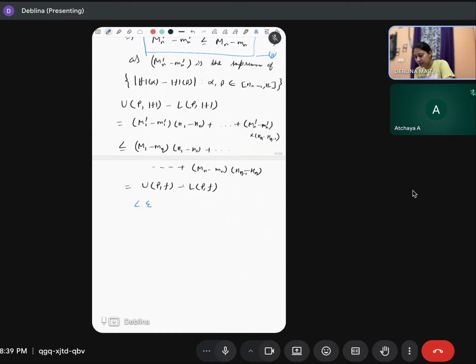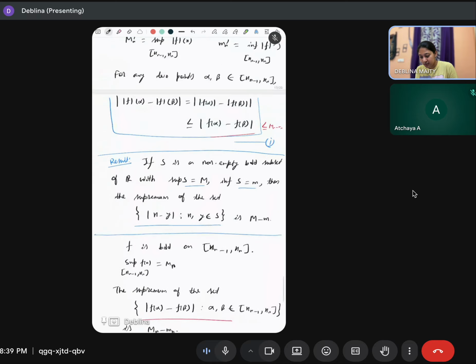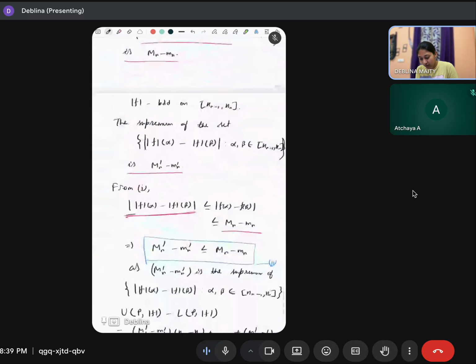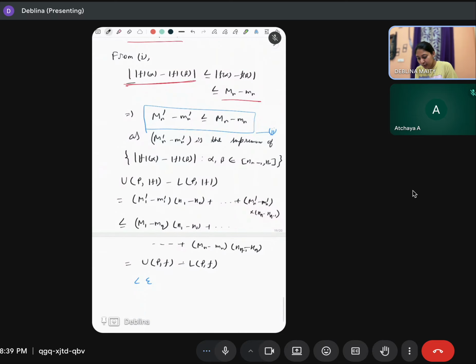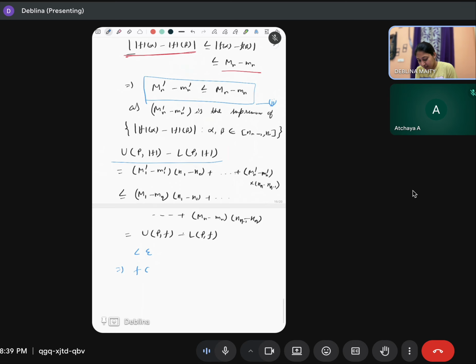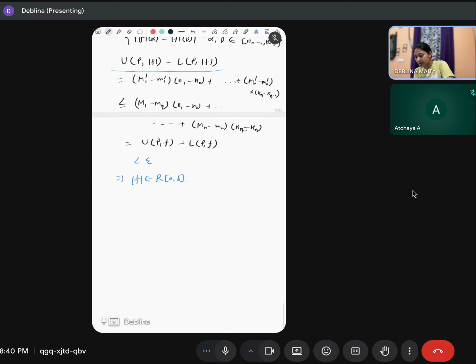This means we have found a partition for which U(P, mod f) minus L(P, mod f) is less than epsilon. So this implies mod f is also Riemann integrable. So if f is Riemann integrable, mod f is also Riemann integrable. But the converse is not true.